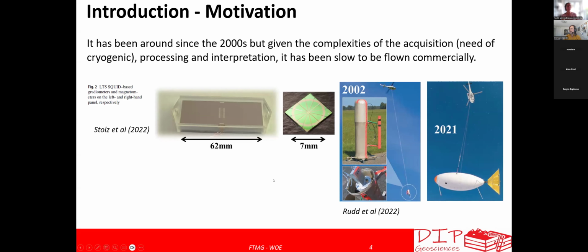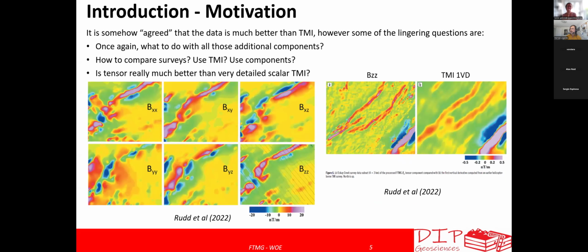The sensors are very small and you need to align them, and the main thing is you need the cryogenics to cool all those sensors, and that involves extra cost. It's not just going with a magnetic radiometry like we normally do. And then we know that the data is better, but it's still not clear what to do about it.